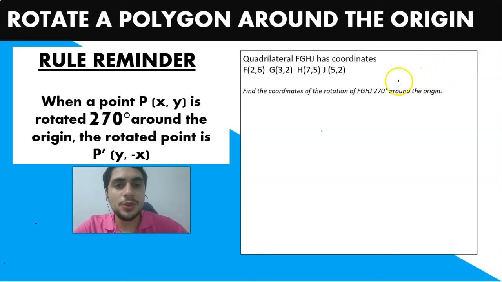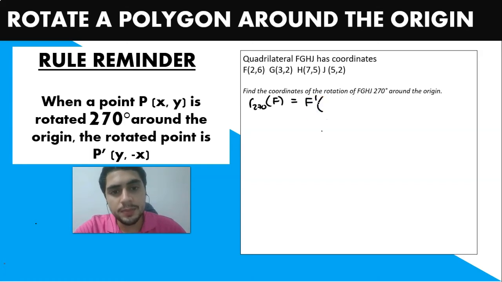Now we're going to do exactly that, but for our quadrilateral FGHJ, which is the quadrilateral that we want to rotate. So the rotation of 270 degrees across the origin of the point F, which is 2, 6, is going to be F tick mark, which means that the point has been rotated.